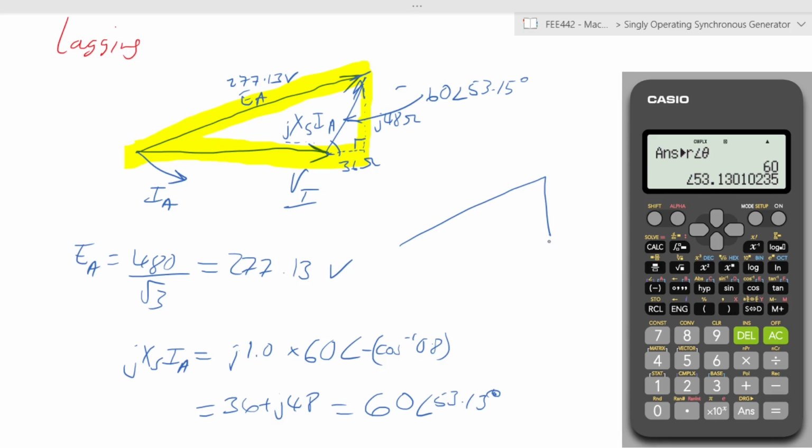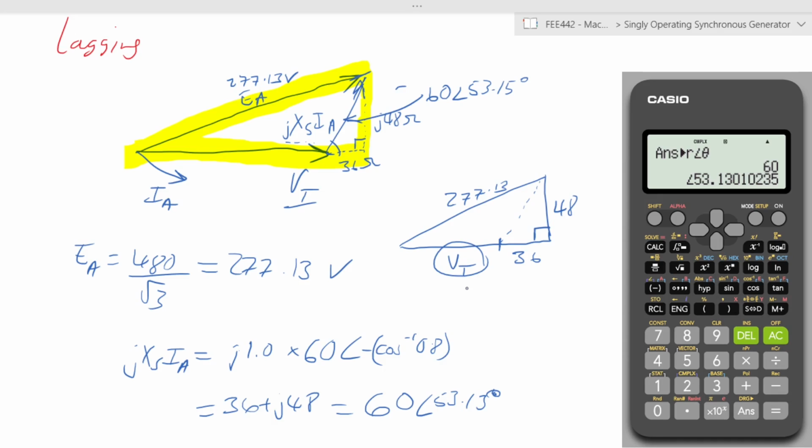If we simplify it, up to that point it is VT. After that it is 36 because we have this JXSIA. This side is 48 and this hypotenuse is 277.13, right?